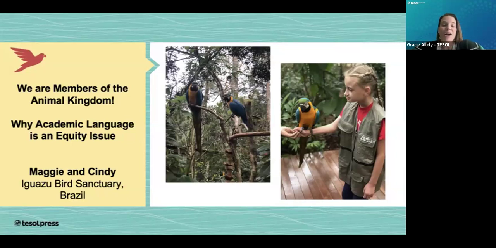So they are unable to release Maggie and Cindy into the wild because they don't have the correct language to be integrated with the macaw communities in Brazil. Other macaws would take them as threats because they are unable to communicate. So this is just a little reminder of how important language is in order for us to be successful and safe in different spaces.